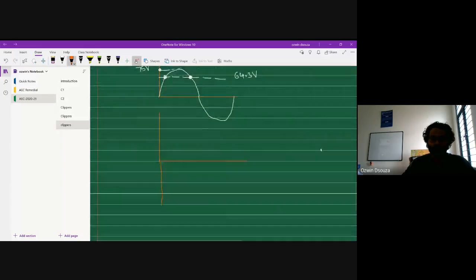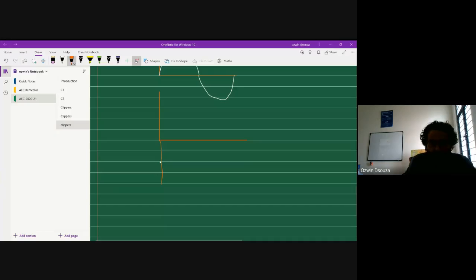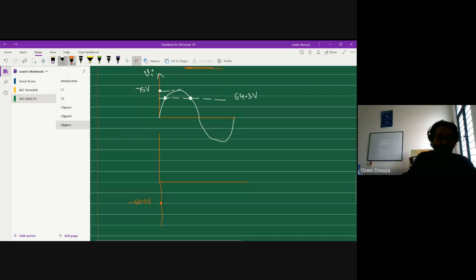So go down and mark the minus 64.3 level. Then you start marking the transition points. You have transition points with respect to the reference level 64.3, and also you have transition points drawn from the zero crossover of the input.